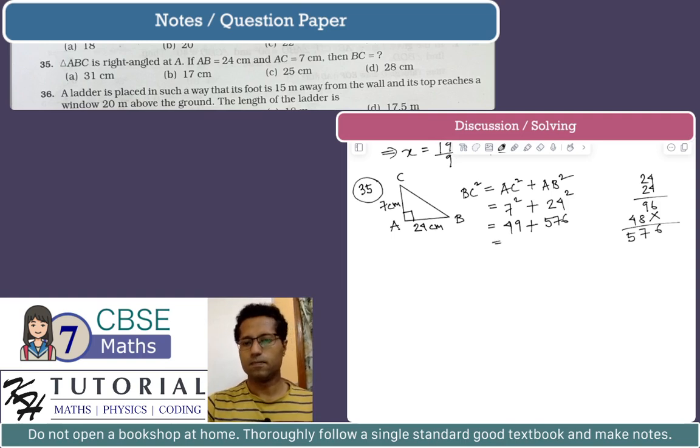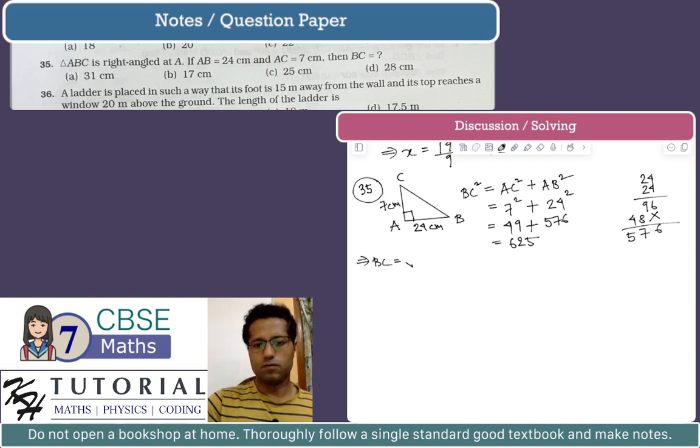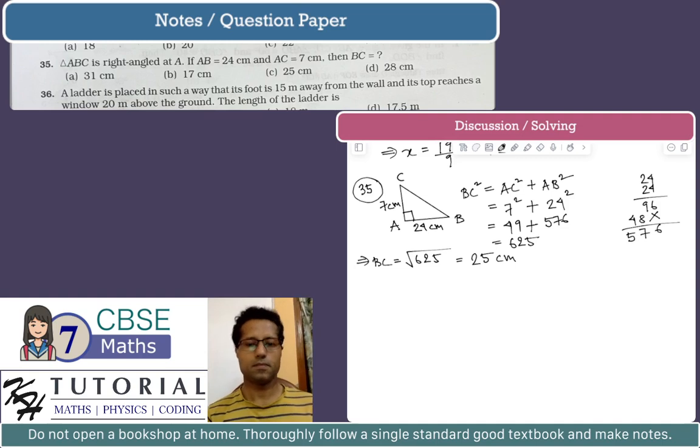This is equal to 625. So this implies BC is equal to root over 625. This is equal to 25 centimeter. So the correct choice is C.